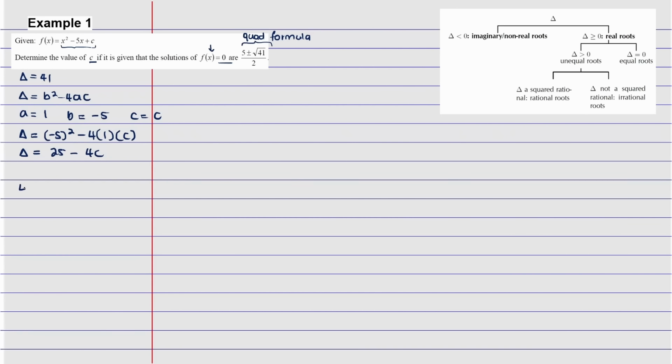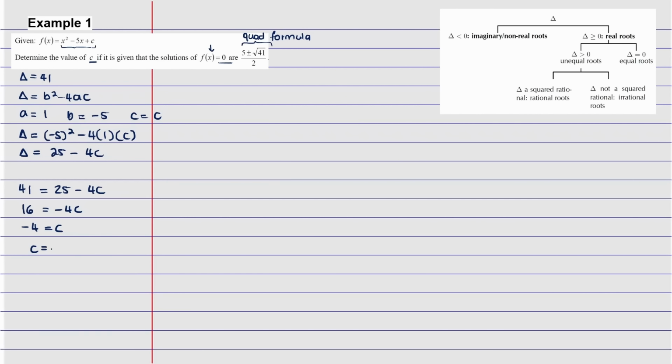So this is the same as 41 is equal to 25 minus 4c. Take the 25 to the other side. So it's going to be 41 minus 25, which gives me 16. So 16 is equal to negative 4c. Divide both sides by negative 4. So 16 divided by negative 4 gives me negative 4, so negative 4 is equal to c.